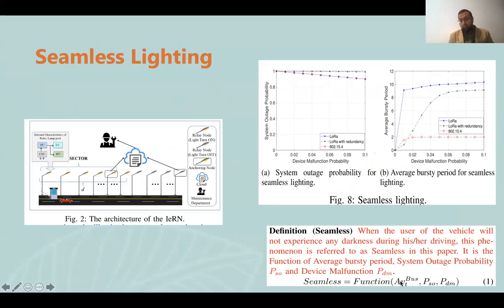Basically, seamlessness depends on three parameters: the bursting period, the system outage probability, and the malfunction of the devices. We have noticed that we can use different communication technology here.